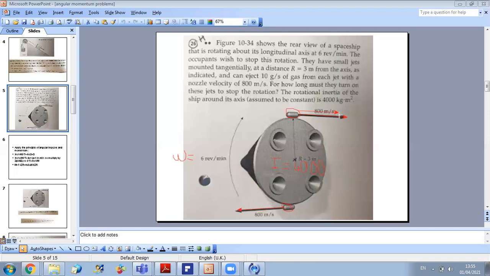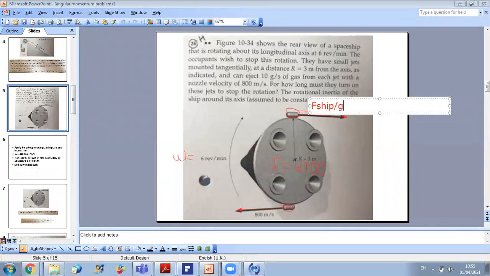So the jets move against the rotation, not the gas itself. The gas will move with the rotation, and the reaction on the jets will be against the rotation, okay? The action of the ship on the gas is this force.